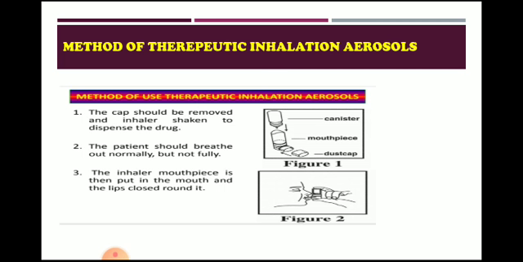The patient should breathe normally but not fully. The mouthpiece of the inhaler is then put in the mouth and the lips closed around it. For example, an asthmatic patient uses the inhaler in case of an asthmatic attack.